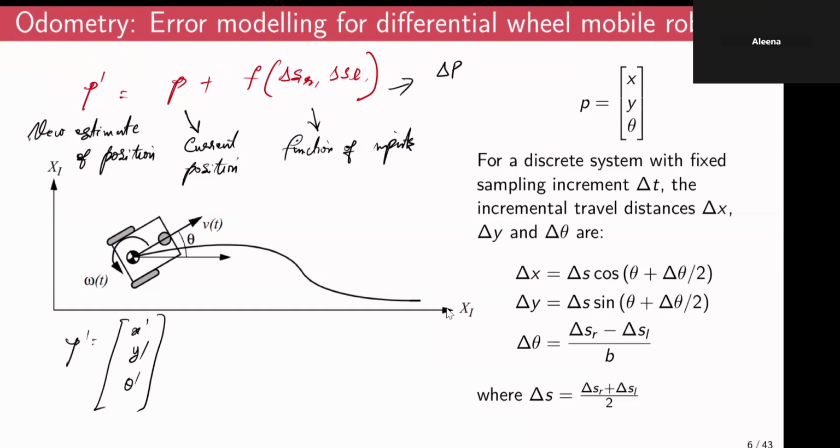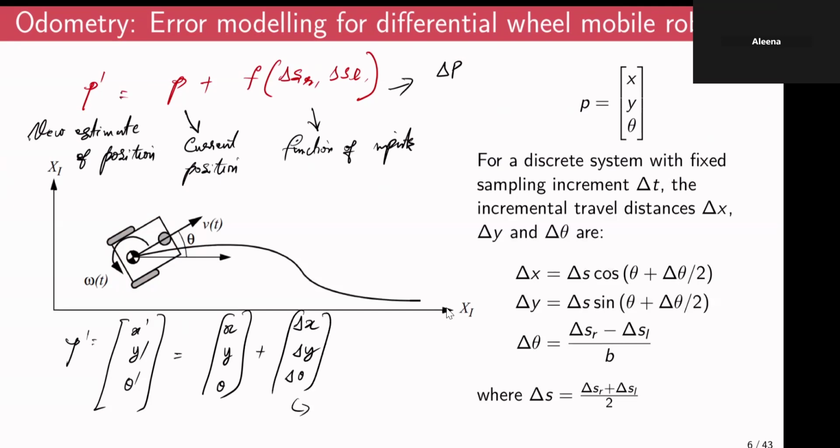Because you need three coordinates to fully describe the position and orientation of a mobile robot. You need two coordinates to describe the position, x dash and y dash, and one more coordinate, theta dash, to describe its orientation. So all 3 degrees of freedom are required for a mobile robot. So x dash, y dash, theta dash is nothing but x, y, theta from the previous estimate plus delta x, delta y, and delta theta.